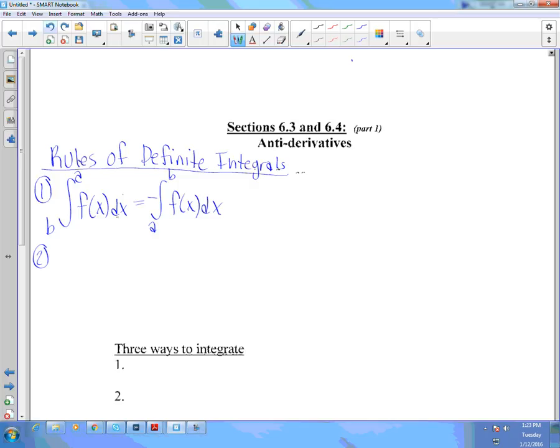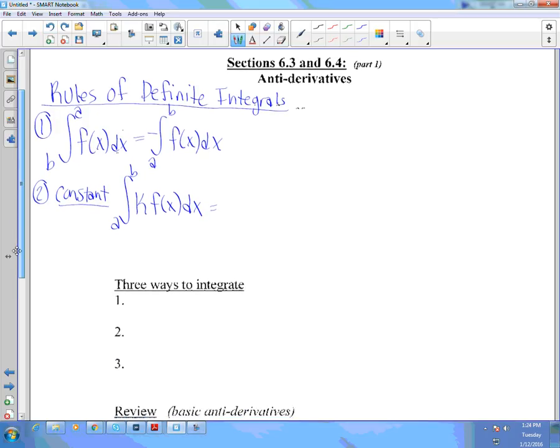Okay, what's the rule with the constant? If we have a constant multiplier, so from A to B, we have some constant, we'll call it K, times f of x dx. So what do we do with it?